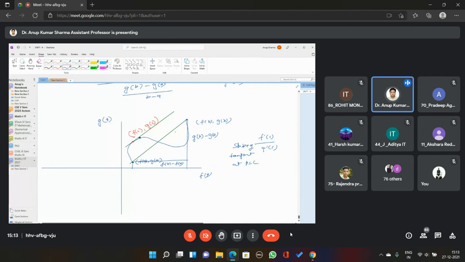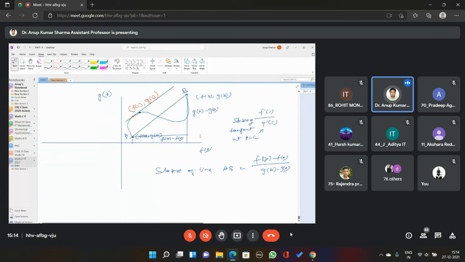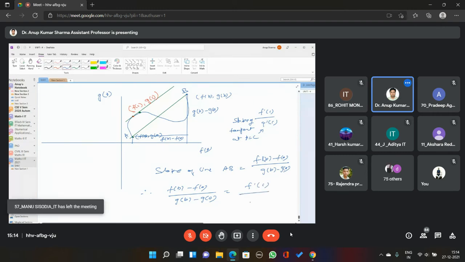The slope of the line AB is equal to g(b) minus g(a) upon f(b) minus f(a). And the two lines are parallel, therefore this equals g'(c) upon f'(c).